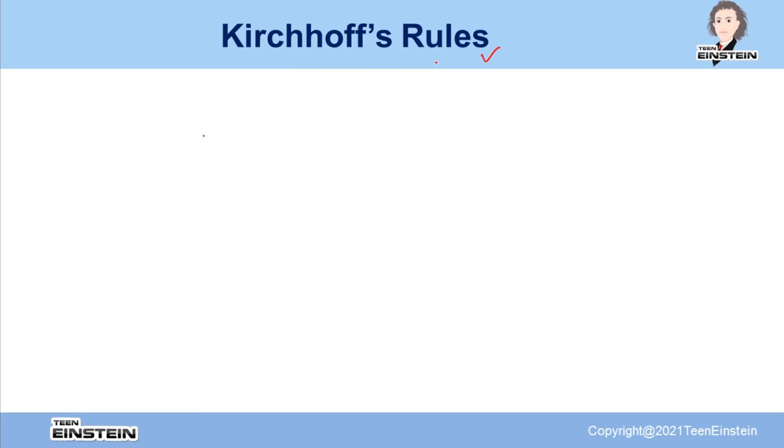So before we go to these laws, we have some basic things to understand, some points to understand about electric circuits. Like, say, if I tell you junction, what is junction of a circuit?